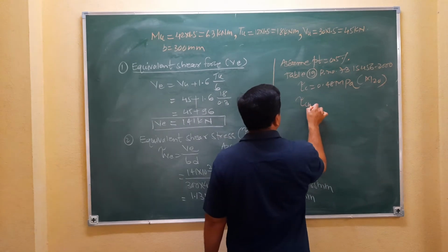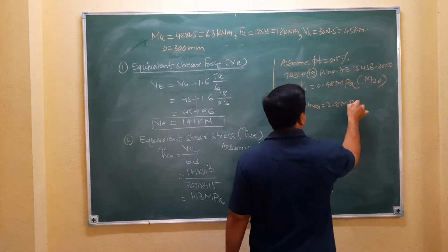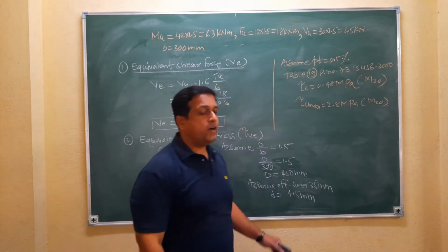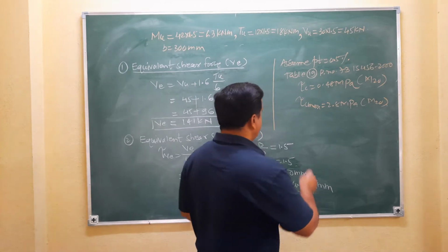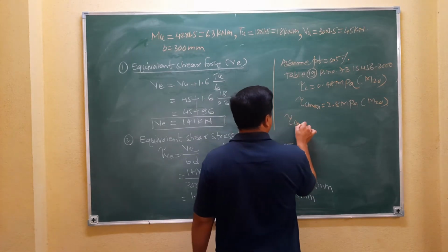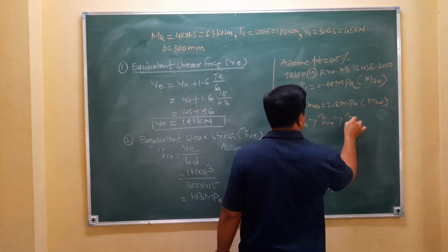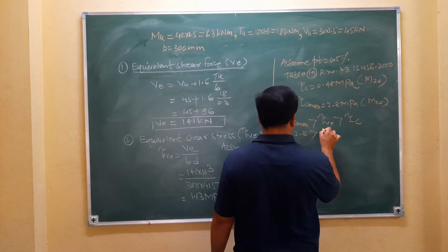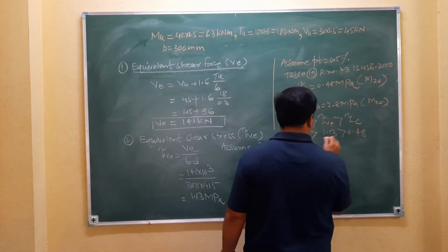And the value of tau c max is 2.8 megapascal for M20 grade concrete, taken from Table 20. Comparing, tau c max is more than tau ve is more than tau c. That is, 2.8 is more than 1.13 is more than 0.48.